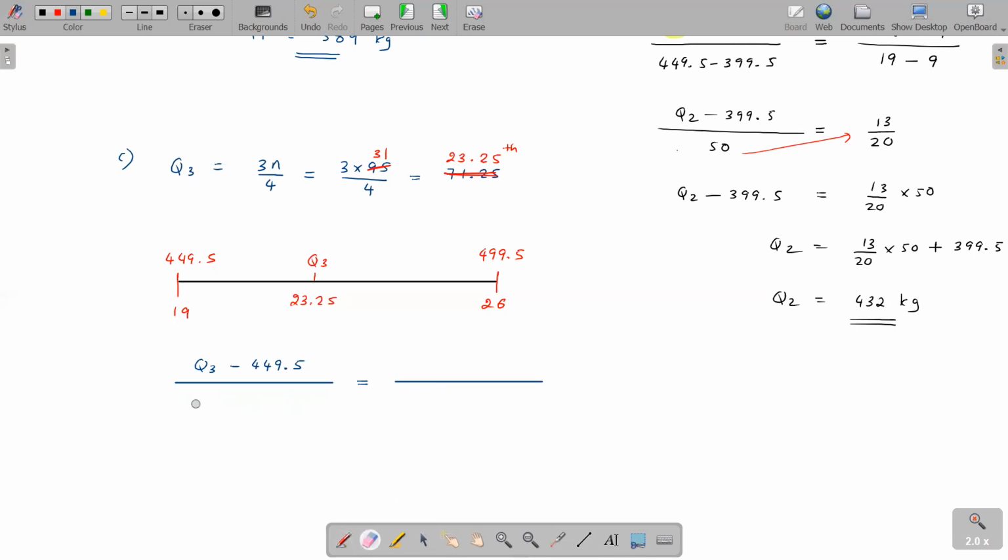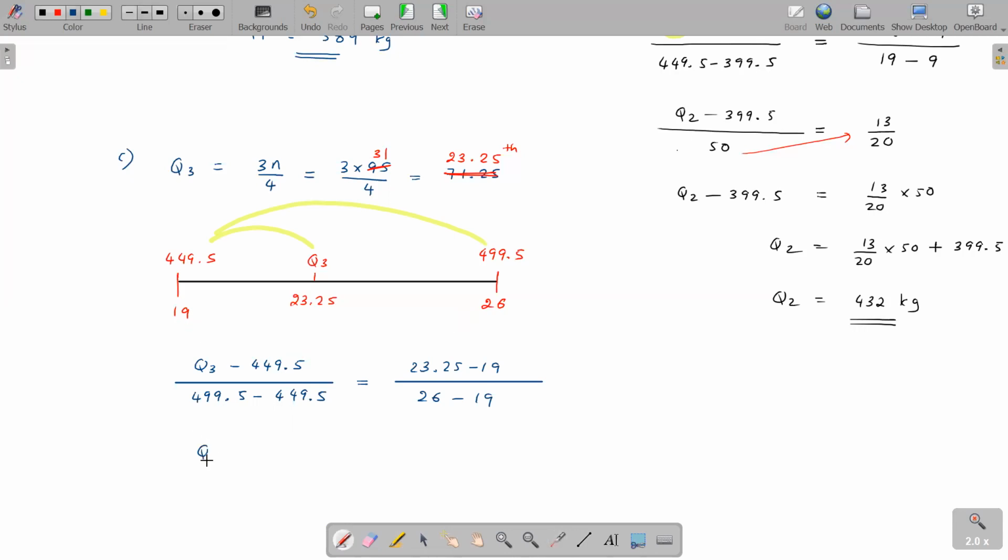I'm doing this wrong, right? I'm doing this completely wrong. Q3 minus 449.5 over 499.5 minus 449.5 equals 23.25 minus 19 over 26 minus 19. So I took the gaps correctly now, right? This gap and then the other one, 23.25 minus 19 over 26 minus 19.